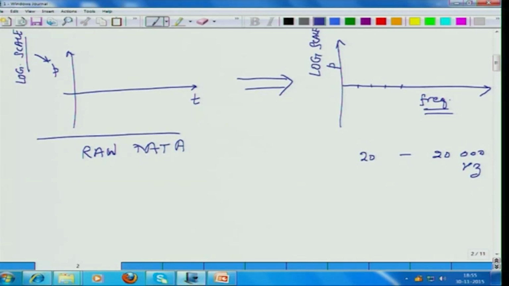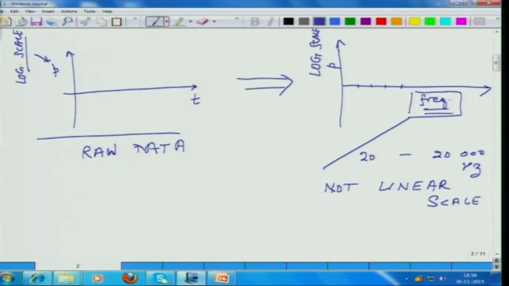So this is the first reason why we also do not plot frequency typically on a linear scale, especially if we have to cover the entire audio spectrum, which is 20 to 20 kilohertz.